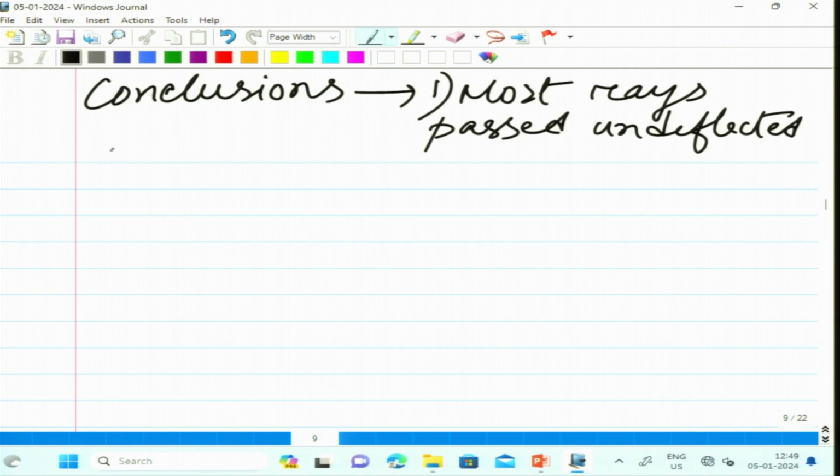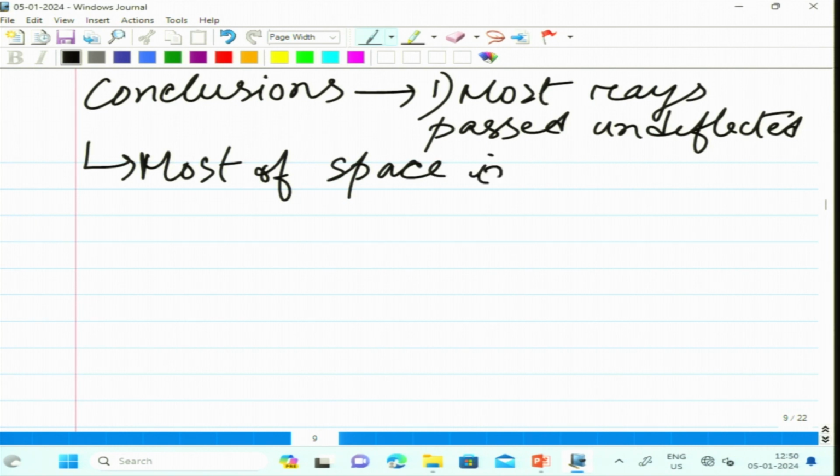So, this led to the point that most of the space in an atom is empty.